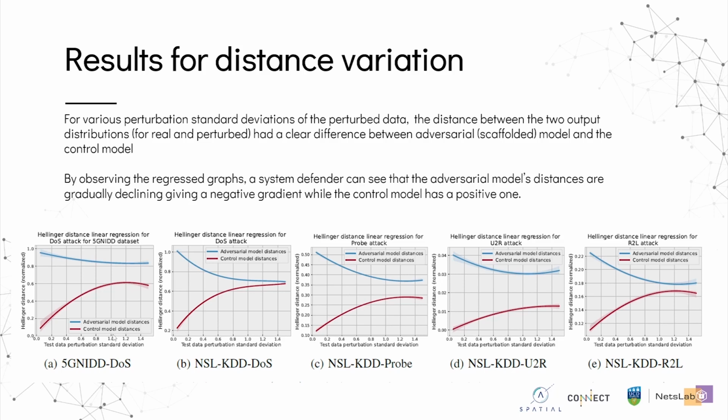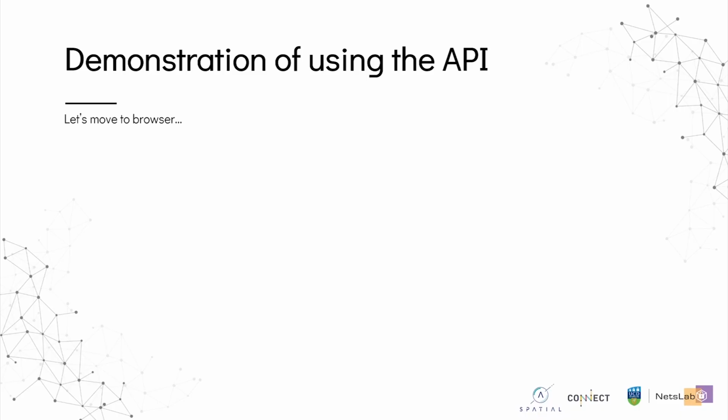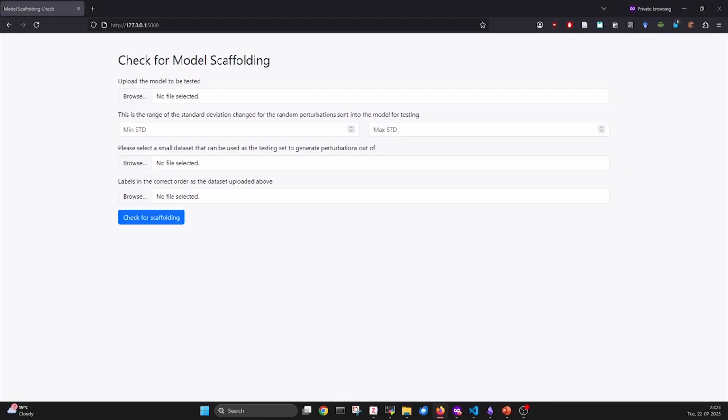This clear contrast lets us detect scaffolding just by looking at the slope of the curve. It's a fast, simple method that doesn't need access to the model's internals, and it works reliably across different datasets and attack types. Now, let's move on to the demonstration of using our API to do the exact same task with a browser interface.